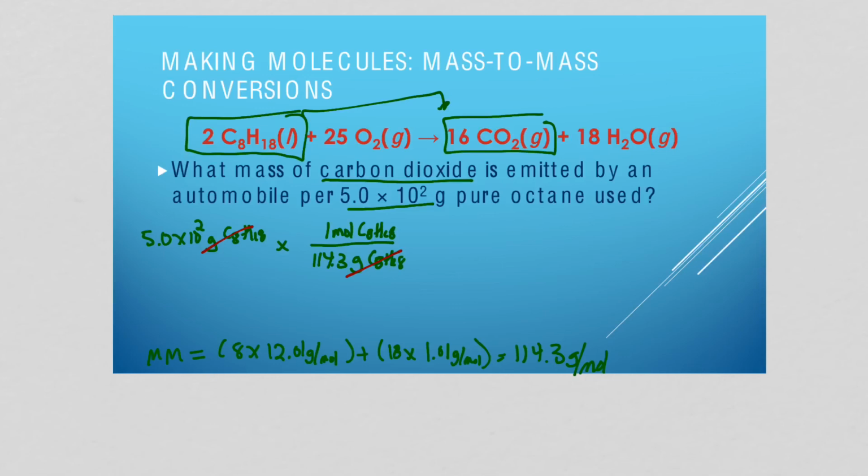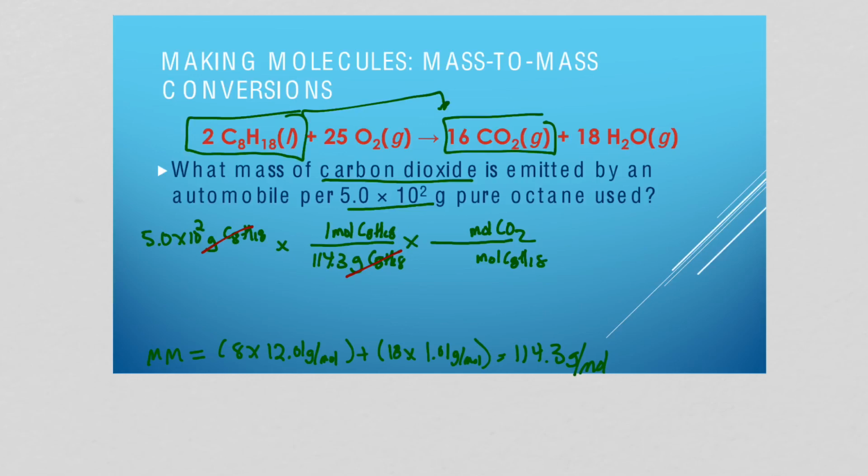Now I can make my switch. So now I can go from how many moles of octane to how many moles of carbon dioxide. So that's where this relationship of coefficients comes into play. Now, since I'm trying to find the CO2, that's going to go on top. And my octane's going to go on the bottom.